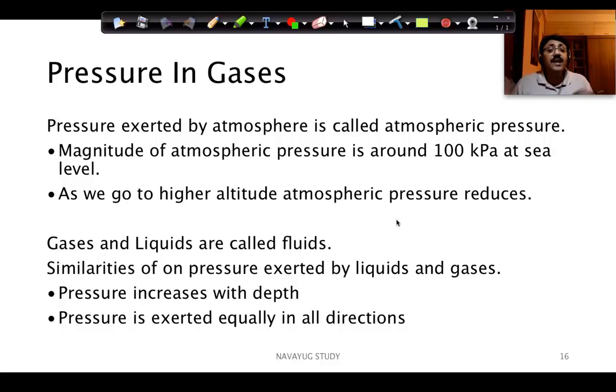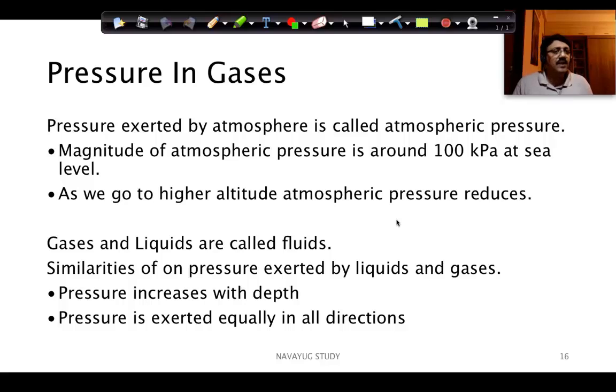Now, gases and liquids are called fluids. Both of them are together called fluids, right? Because both gases and liquids have the same behavior. Not necessarily a mixture. Gases are also called fluids. Liquids are also called fluids. Both these states of matter are called fluids in science.